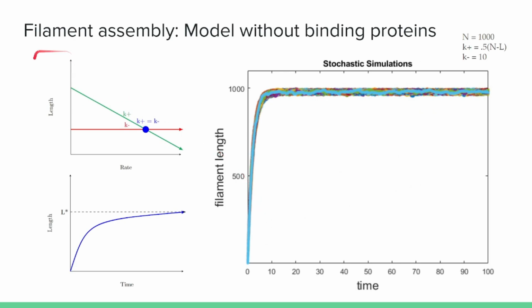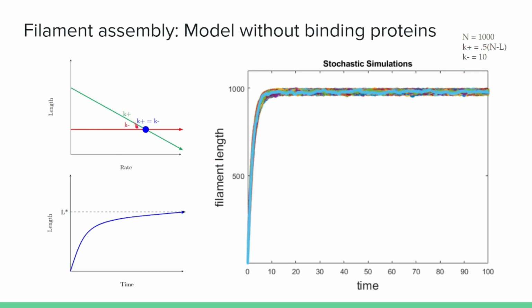You can see here in this figure, our growth rate is linearly decreasing as time goes on, as more monomers are used up, seen by this formula up here, K plus is equal to 0.5 times N minus L. It's an example of a growth rate. As the number of monomers used goes down, our growth rate goes down in turn, while our decay rate is kept constant at a constant value.